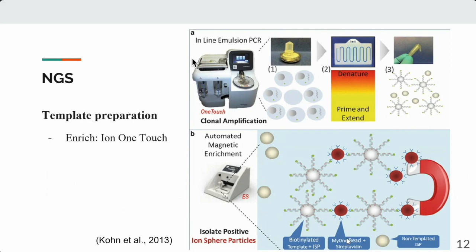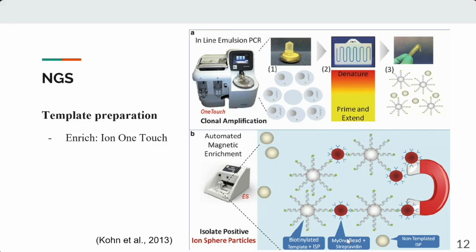This is achieved through a magnetic-based process that selectively binds to enriched ISPs containing DNA, similar to the XP beads I just previously introduced. By increasing the proportion of template-positive ISPs, the system significantly enhances the accuracy and reliability of the sequencing results.